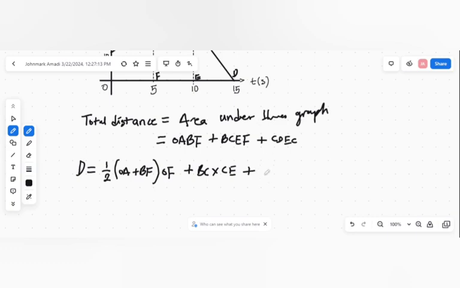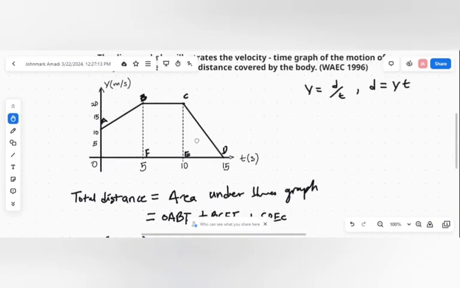Plus the area of a triangle, which is a half of the base. So which of these is the base? The base could either be CE or ED. So half of CE times what?